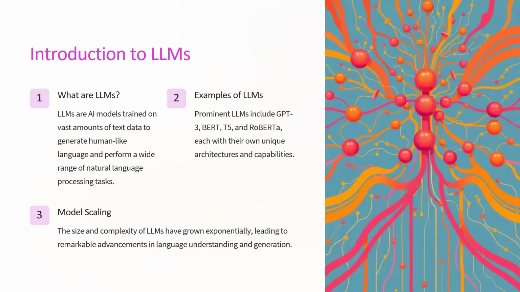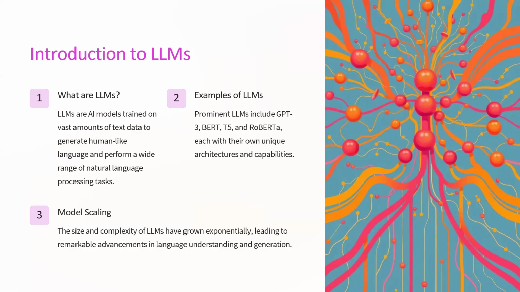So, first of all, what is LLM or introduction to LLMs? LLM is nothing but an AI model which we trained on a vast amount of text data, which generates human-like language and performs a wide range of NLP tasks. We all know that there are different types of examples of LLMs like GPT-3, GPT-4, BERT, T5, and many more. Each LLM has its own unique architecture and capabilities.